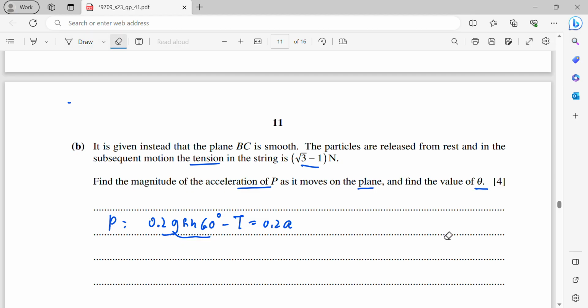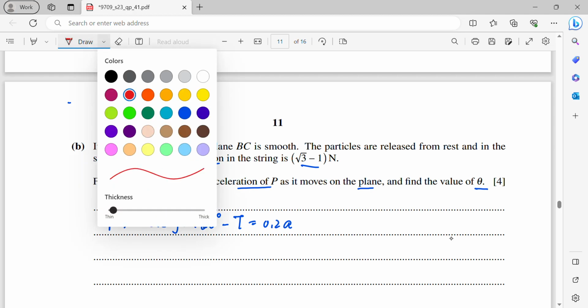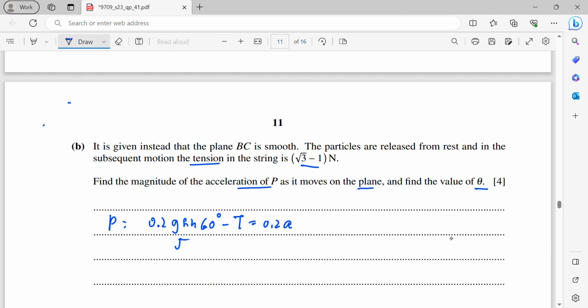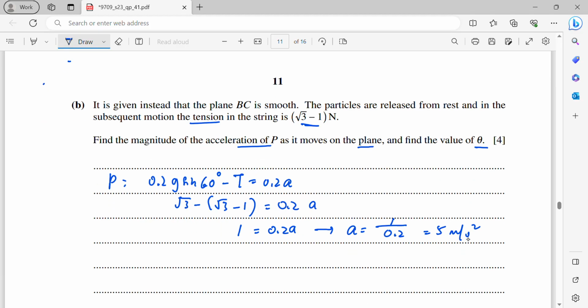Now I will write square root 3 minus the T, which is square root 3 minus 1, equals 0.2a. When you simplify the left hand side, I will get 1 equals 0.2a. Therefore, my a is 1 over 0.2, which is 5 meters per second squared. So the acceleration is done.